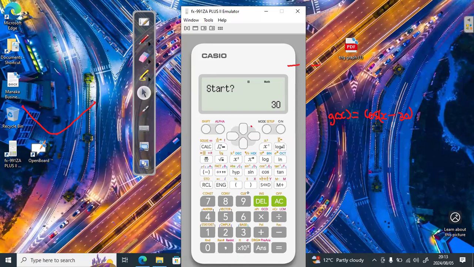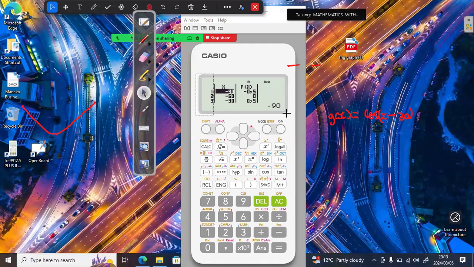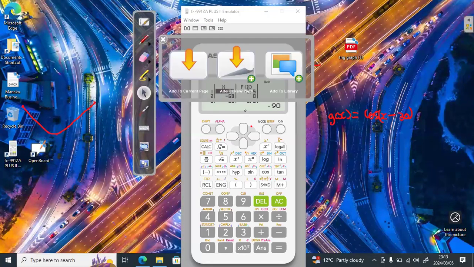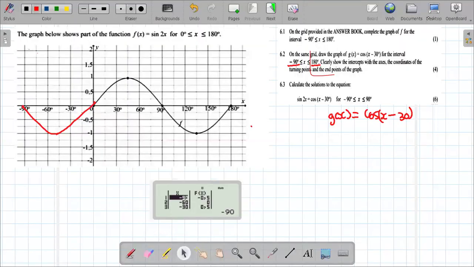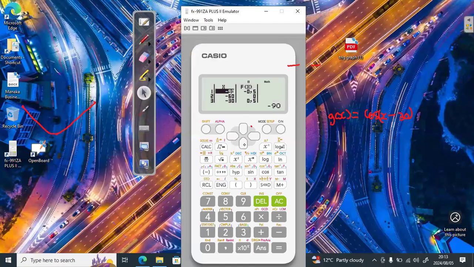Negative 90. I'm gonna press negative 90. That's our graph start. Equals, end. 180 is correct. Equals, step is now 30. Equals. That's the coordinate. So I'm just gonna put everything here so that I can see it properly. You guys can do it yourselves there.